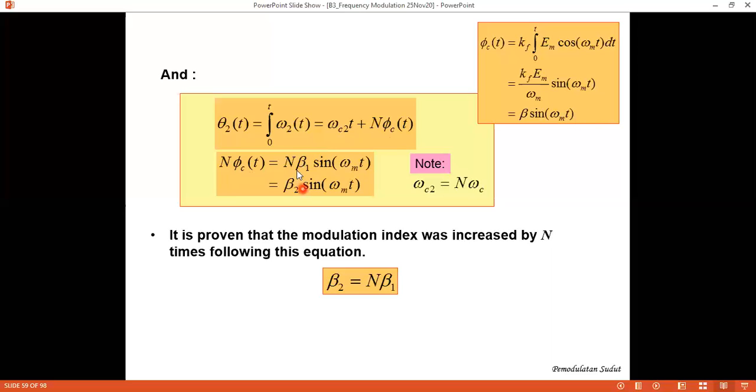So here our modulation index is also multiplied by n. So it becomes n beta 1, which becomes beta 2 here, where beta 2 is equal to n beta 1. So from here, you can see how our modulation index is also increased by n times.